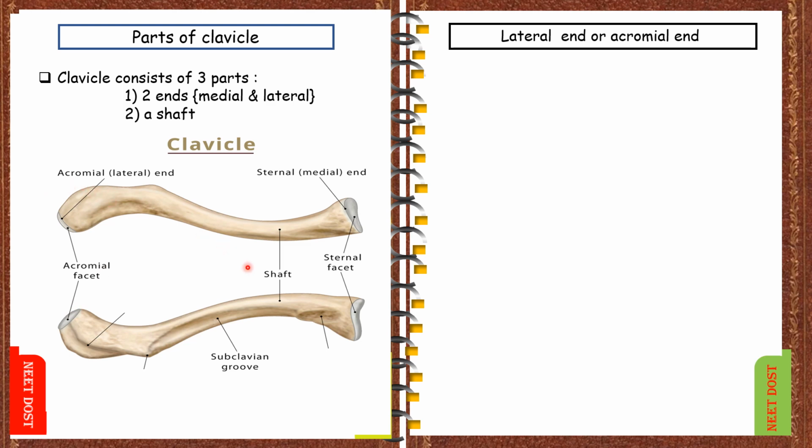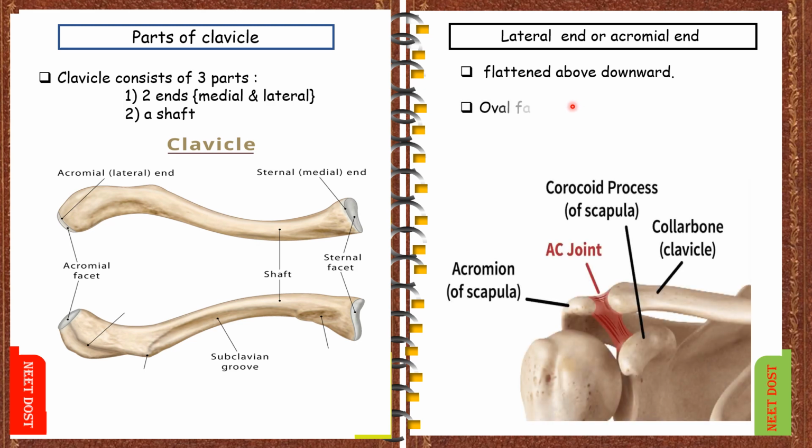By these three features, which are the acromial end, medial end, and the subclavian groove of the shaft, we can decide the side determination of clavicle.